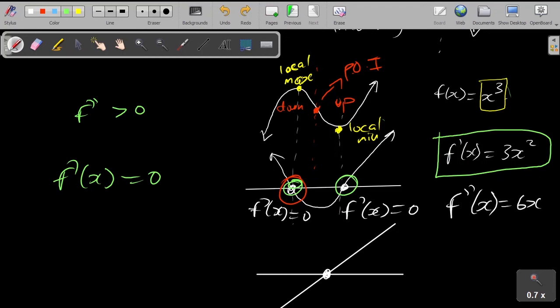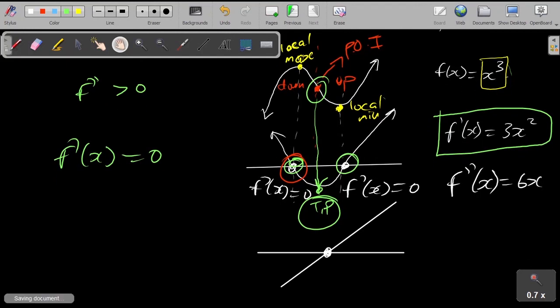Now the point of inflection is basically the midpoint of these 2 points. So if you have f prime of x equals to 0, if you have both of these points, you can now find the midpoint of them to find the turning point. So the turning point of the first derivative should be your point of inflection of your original function. That is how this maps up, or this maps out.